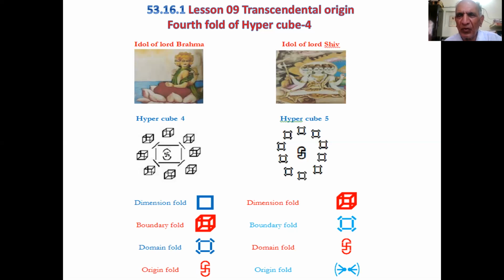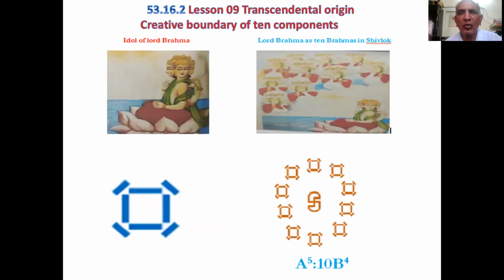It is the fourth fold, and it is a transcendental origin as 5-space is playing the role of origin. Now, the creative boundary of the transcendental domain is of 10 components. The domain boundary ratio of hypercube 5 is a raised to power 5 is to 10 b raised to power 4.